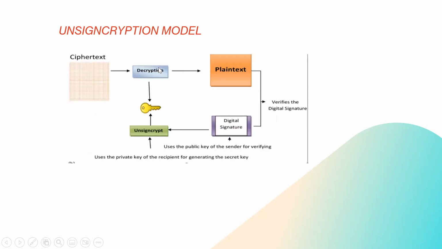And when coming to unsigncryption, now the recipient has received the cipher image. He will be using his private key, and then he will be generating the secret key.